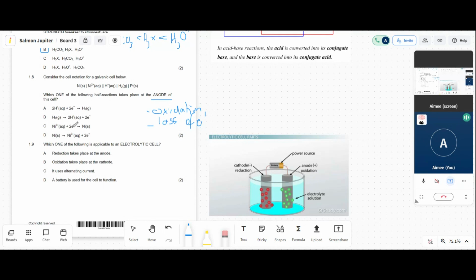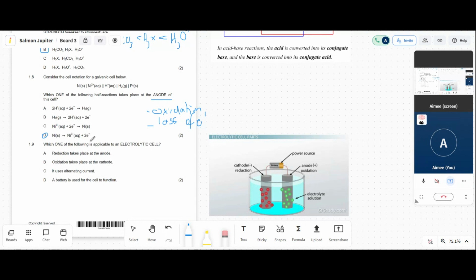This is your reduction half cell reaction, because if you started with Ni2 positive and it gained 2 electrons, it would be gaining negativity. It would be gaining electrons and undergoing reduction. So you know that your answer has to be D, because it has to be the version of the half cell that causes Ni to become more positive through the loss of electrons.